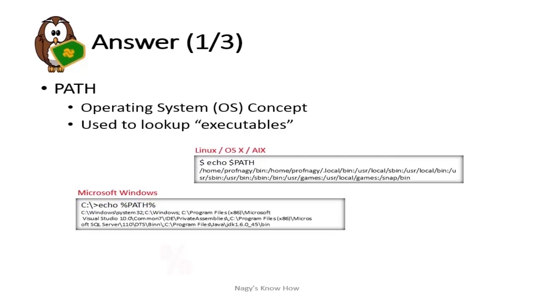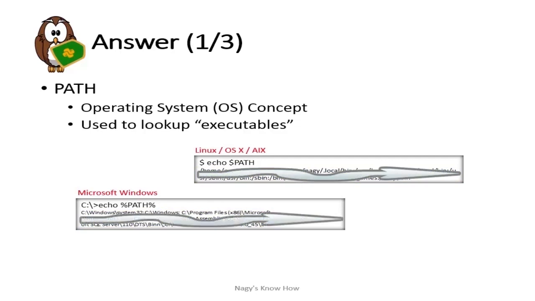Regardless of whether we're using Microsoft Windows or Linux command prompts, therefore, the operating system will respond by showing us a detailed listing of all of the file directories that it will search, as well as the order in which they will be searched when looking for an executable program.